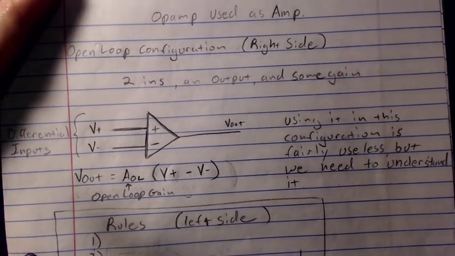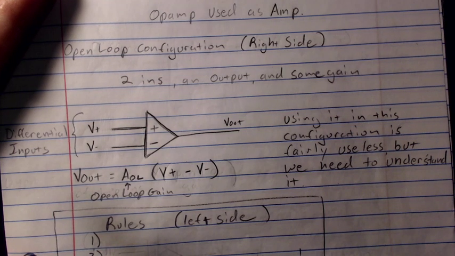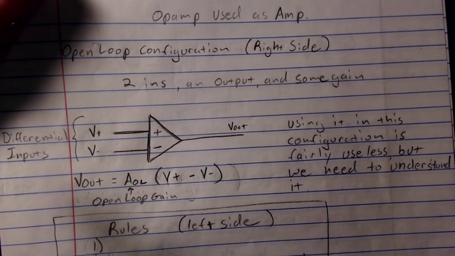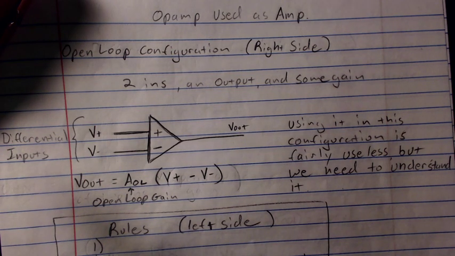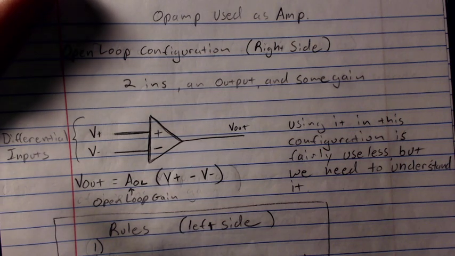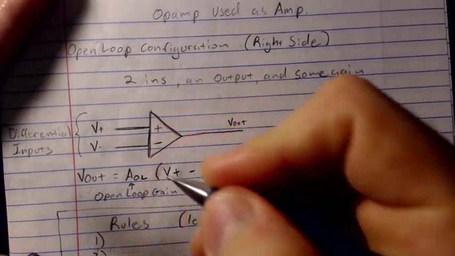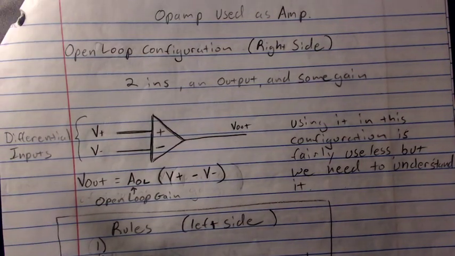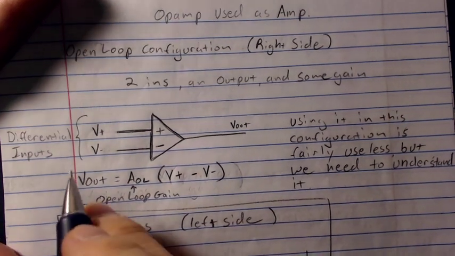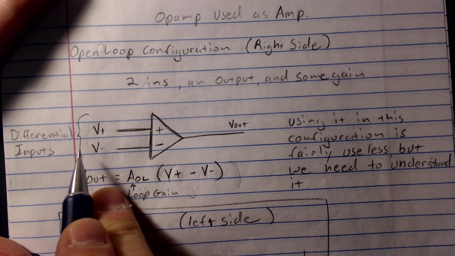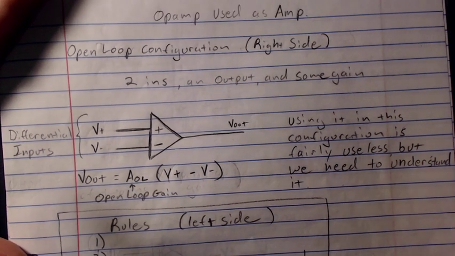Now, as an amplifier, it's going to amplify the input by something. Or because we have two inputs, it's going to amplify the difference between both of our inputs. So this positive and minus really makes sense once you start thinking of your input as being two wires, two inputs, two different voltages.